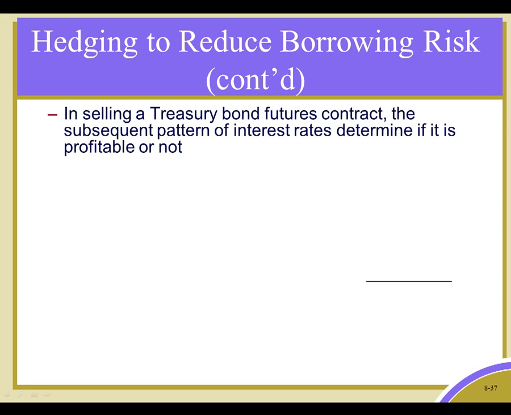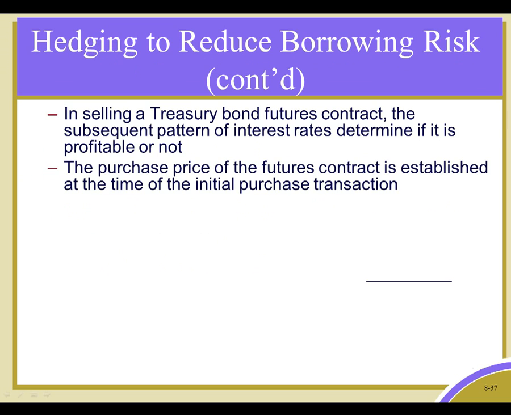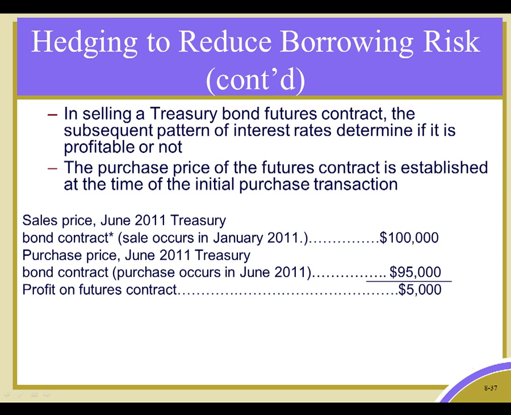In selling a treasury bond future contract, the subsequent pattern of interest rates will determine whether or not the sale is profitable. The purchase price is established at the time of the initial transaction. So let's say we sell a future for a June 2011 Treasury bond contract, and that sale occurs in January of 2011, and we receive as proceeds $100,000.